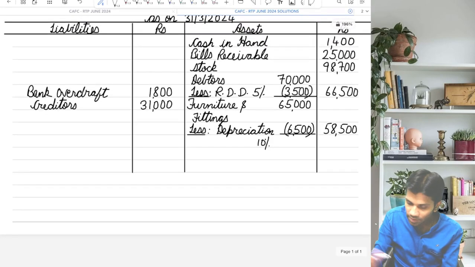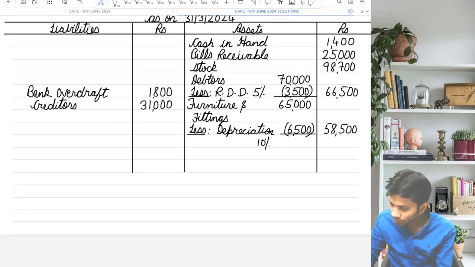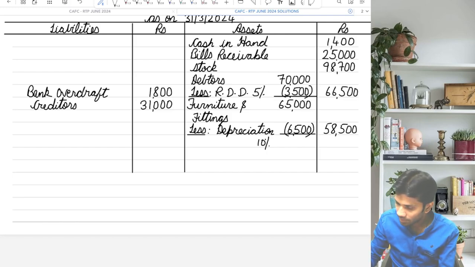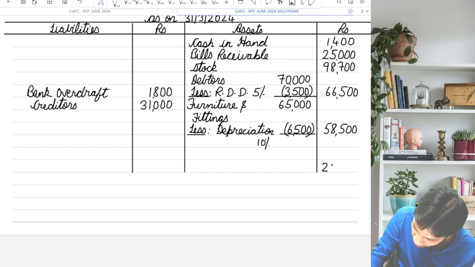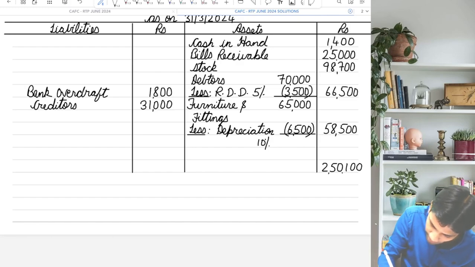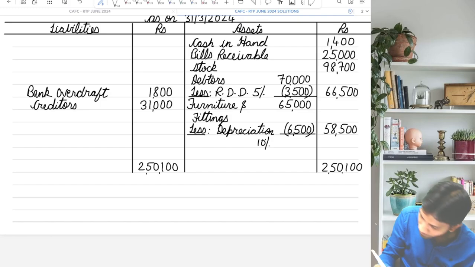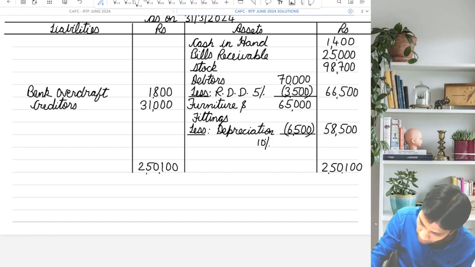That's it. Let's take the total. Total comes to 2,50,100. Do the totaling lines properly, guys.